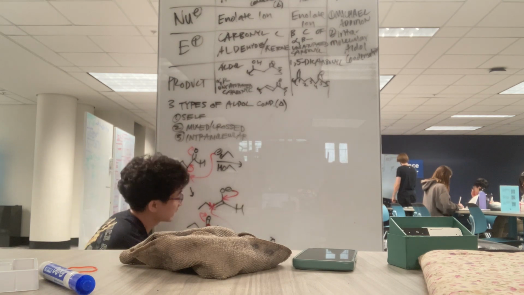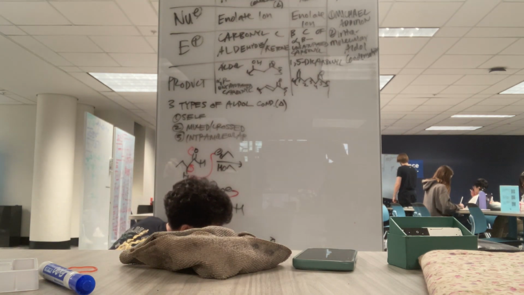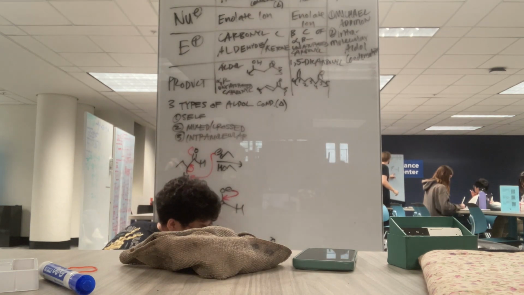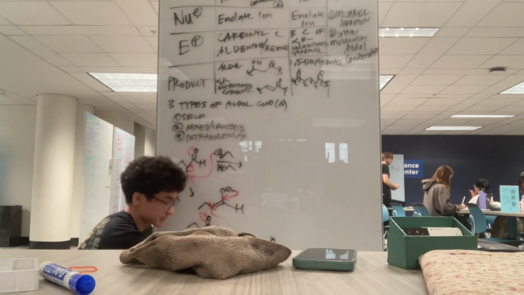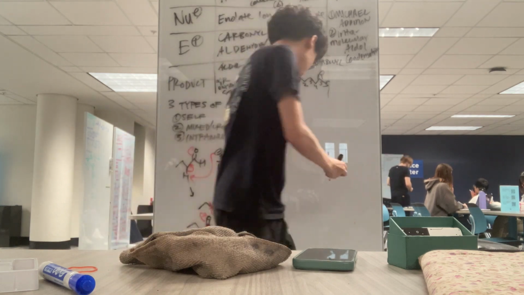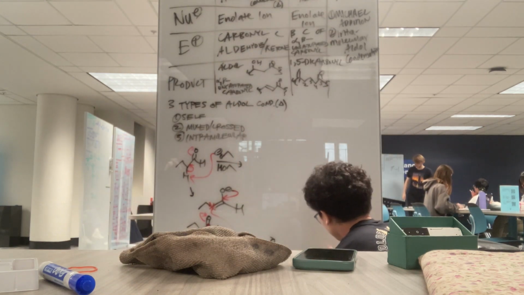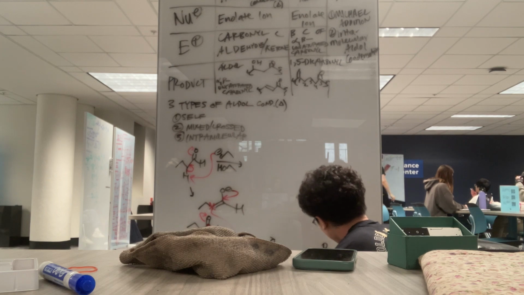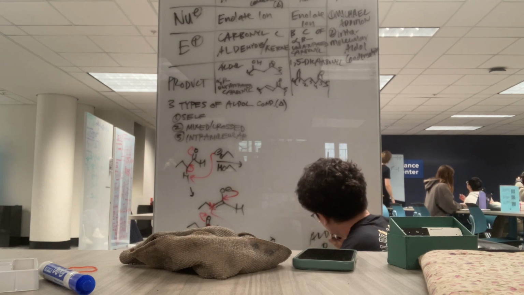To protonate that O-, we use the proton source we have, ethanol, to make it a neutral OH. And this right here is an aldol.